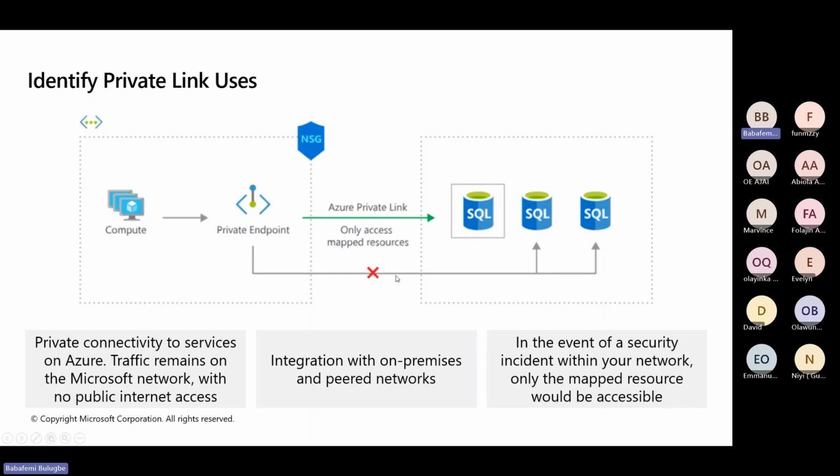This private link assigns an IP address to the resource. So it gives private connectivity to services on Azure. Traffic remains on Microsoft's network with no public internet access because it's a private link.